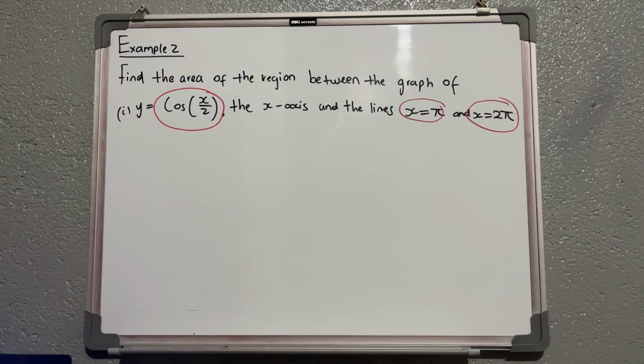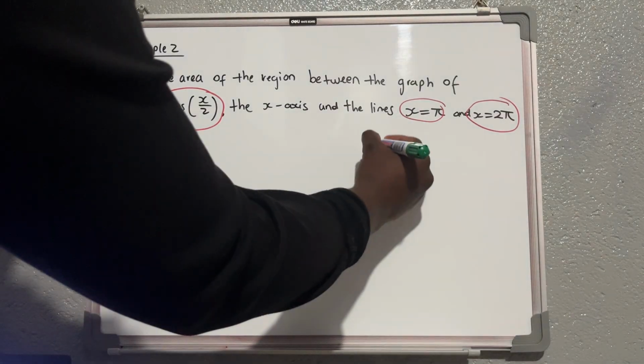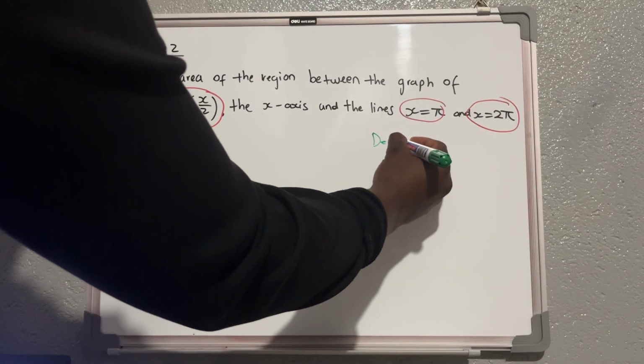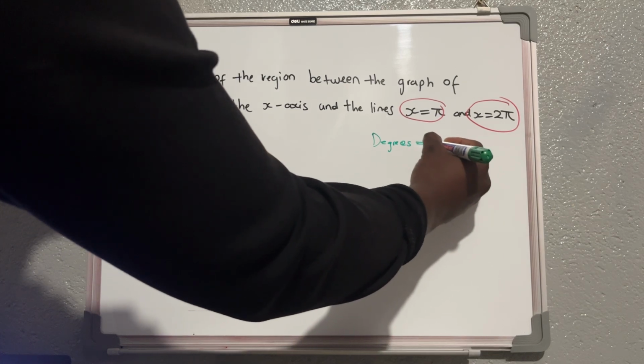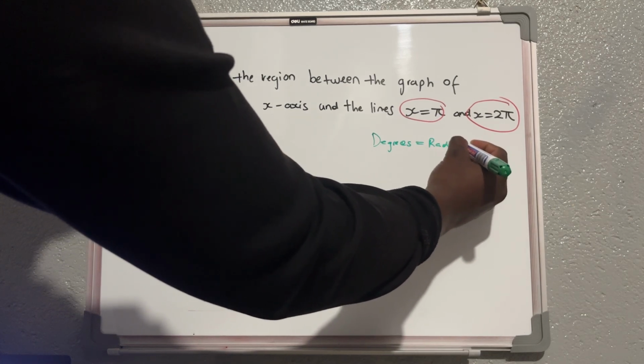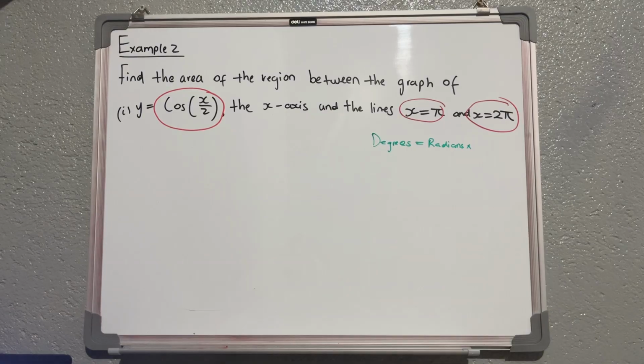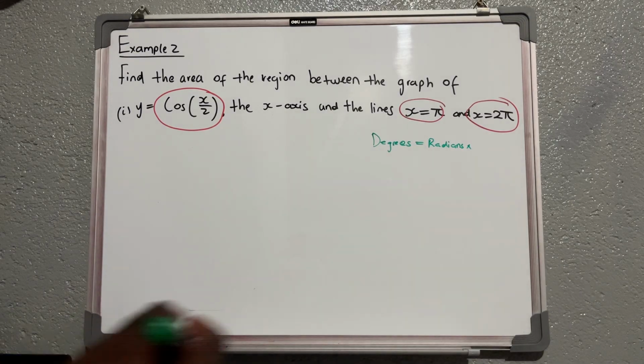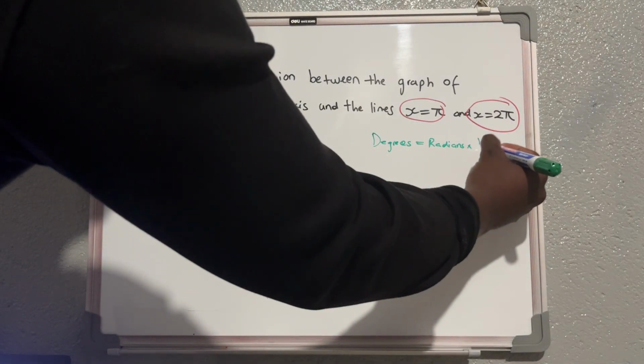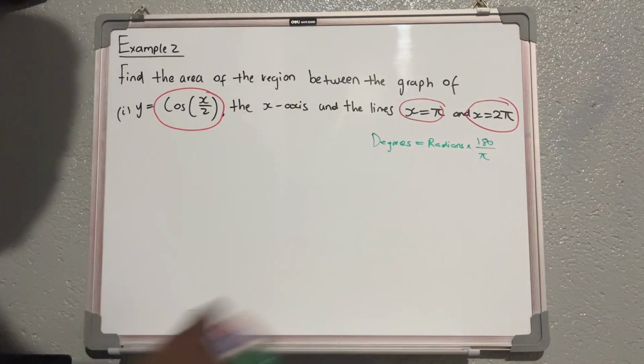So we have the formula that says degrees equals radians multiplied by 180 over pi.